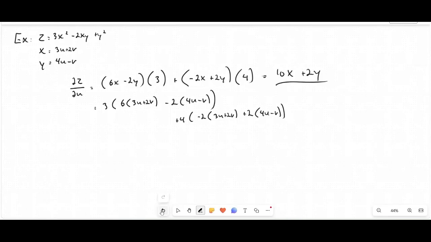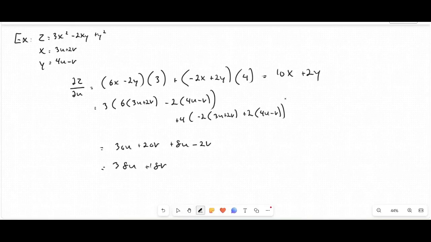That's one form of an answer. It's written in terms of x and y. And now down here, it's much worse. There's going to be a lot of simplification here. As long as you don't do any arithmetic wrong, you have to get this same answer. So we know that you have to get 30u plus 20v plus 8u minus 2v, 38u plus 18v.